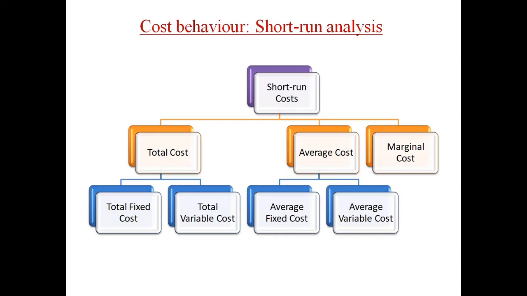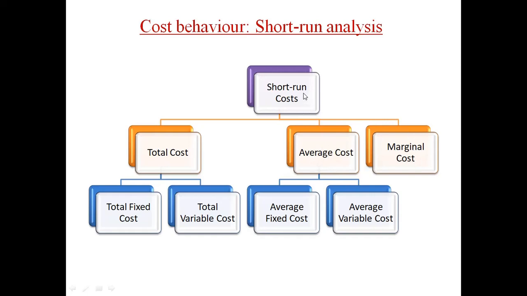So the short run costs, if you just see out here, have three main costs in the short run, that is the total cost, and then the average cost, and then the marginal cost.